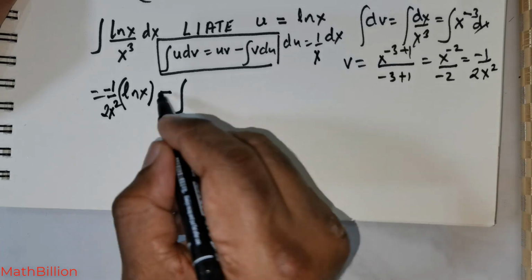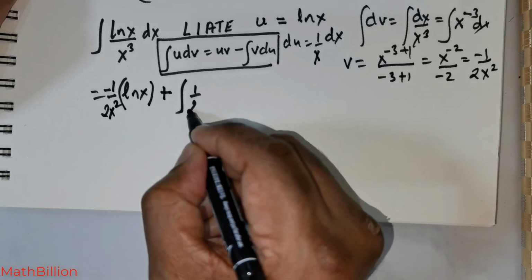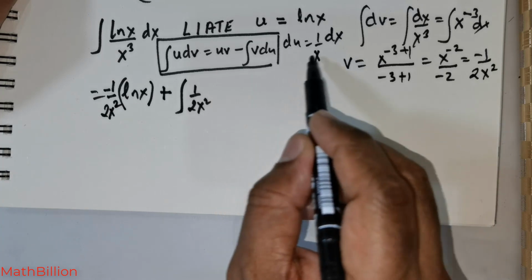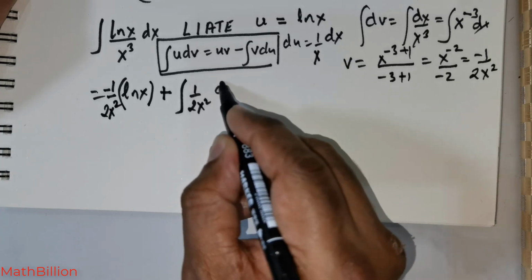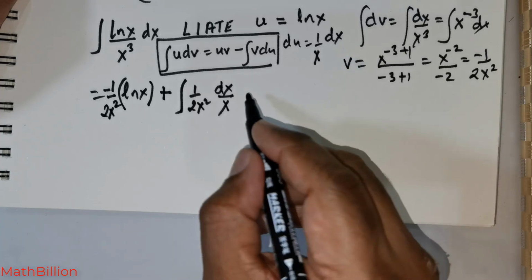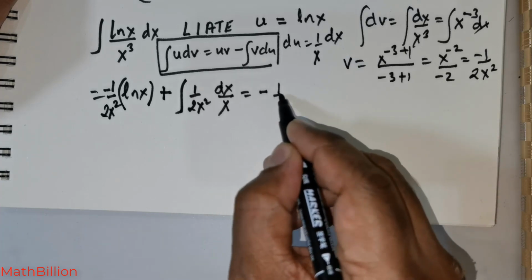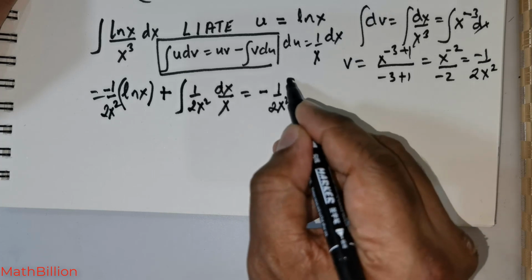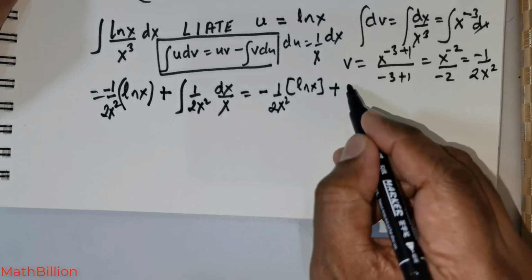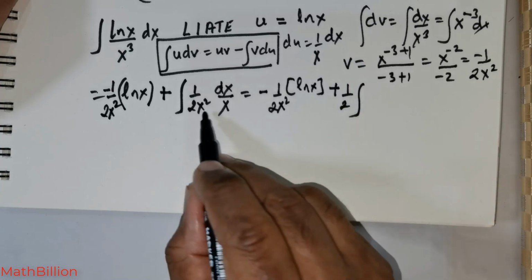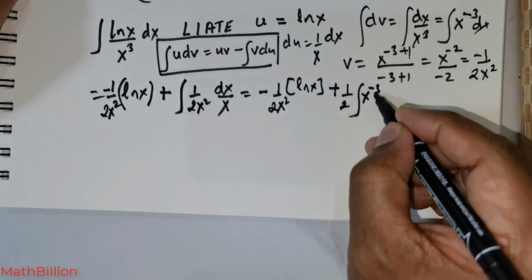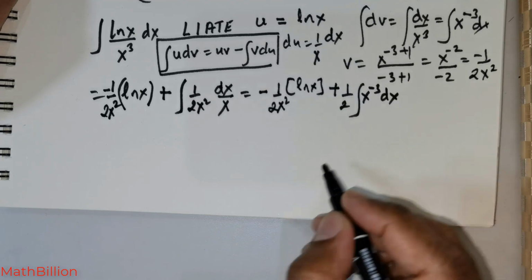My v is negative, so it will become positive 1 over 2 times x squared times du, which is dx over x. This can be further rewritten as negative 1 over 2 times x squared times ln x plus the integral of 1 over 2 times x squared into x, which is x to the power of 3. You take it to the numerator, it's going to be x to the power of negative 3 times dx.